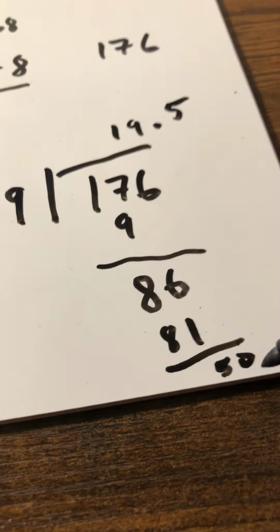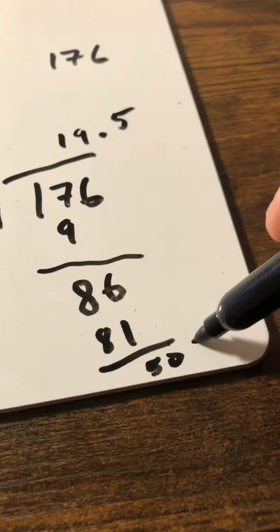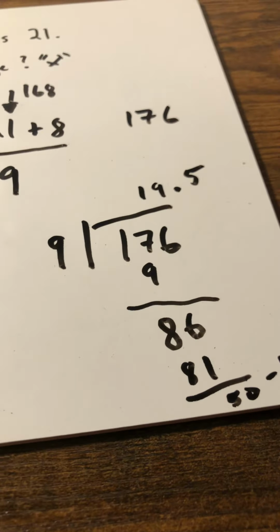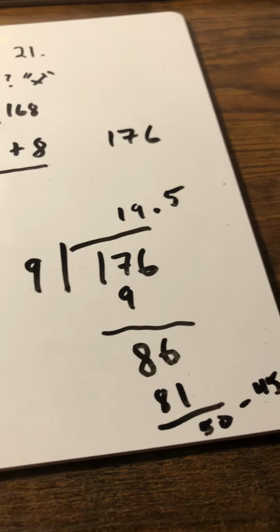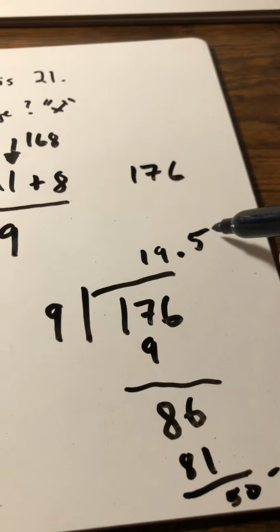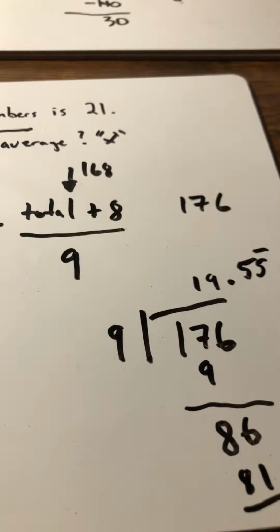We'll get 45. 50 minus 45 is going to give us 5 again. So it's going to repeat, which means we're going to get 19.5 repeating.